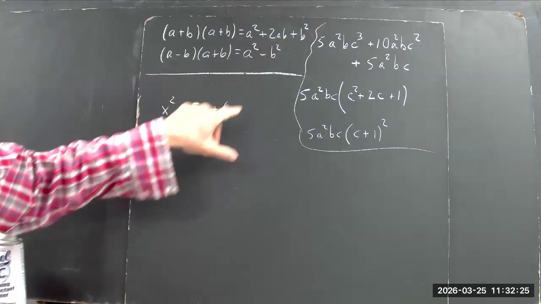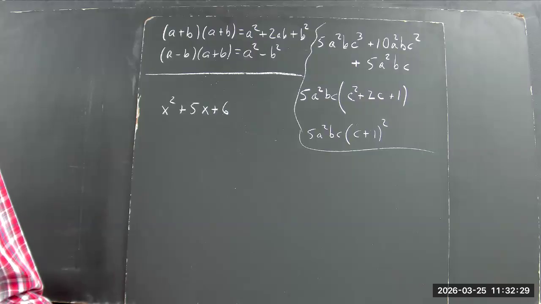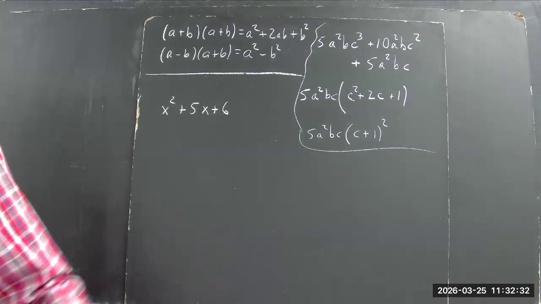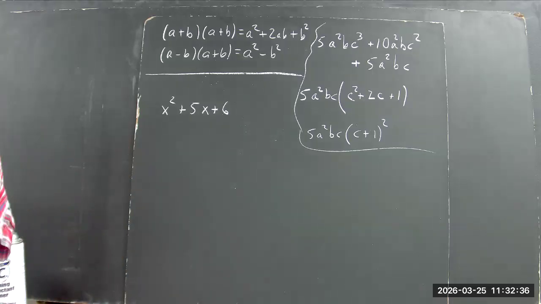And then 6 would have to be B squared. And you're not going to go there because the square root of 6 isn't a number that you know. It's between 2.4 and 2.5.